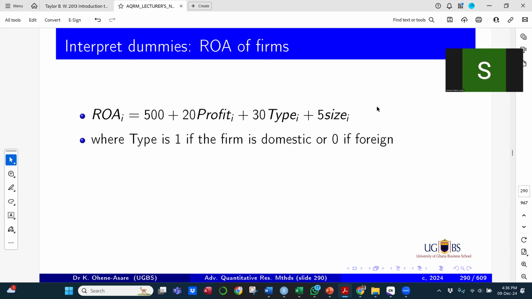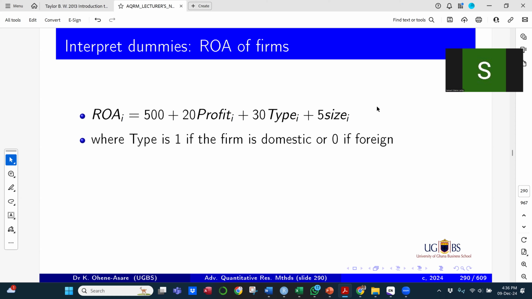Okay, so on average, given profit and size, the ROA will be 30 times more if the type is domestic as against foreign. Repeat.